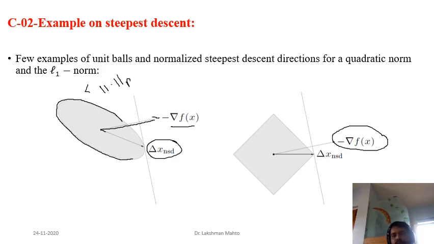This other direction is giving the most descent direction. So you can observe that the negative of the gradient does not always work as a steepest descent direction. The negative gradient is a steepest descent direction only for the Euclidean norm. When you take the L2 norm, in that case it will act as a steepest descent direction.